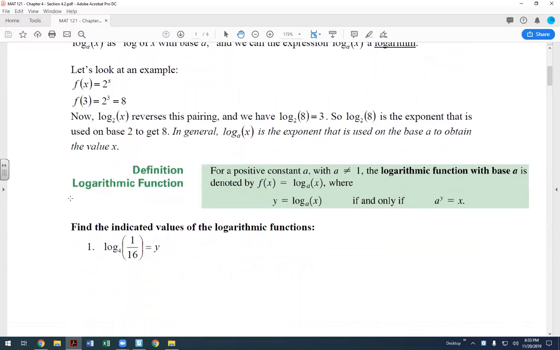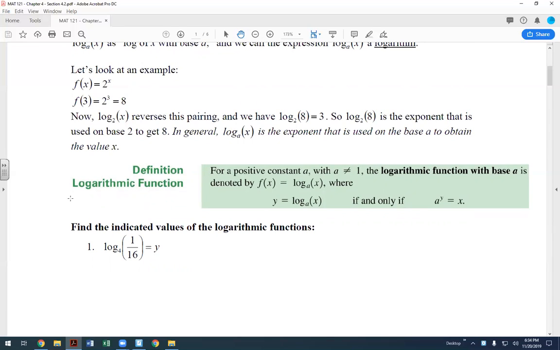So this is something you will definitely need to remember, how to go back and forth from the log notation to the exponential notation, or from exponential to the logarithmic notation. So remember what I said. The same base that we have for the logarithm is going to be the same base for the exponent, or vice versa. A log always gives you the exponent. So this y will become the exponent on your base a when we write it as exponential.